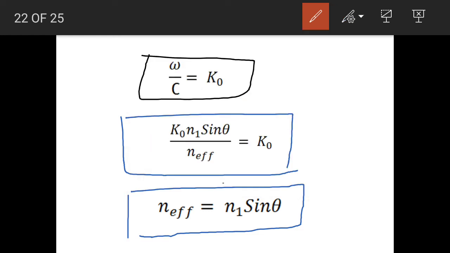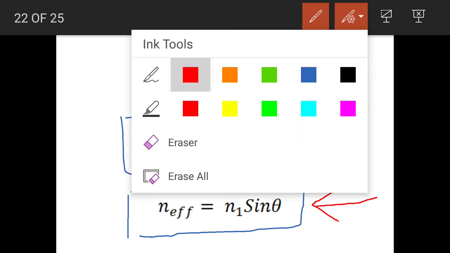So we can calculate the effective refractive index of the central layer of the symmetrical slab waveguide with the help of this equation.